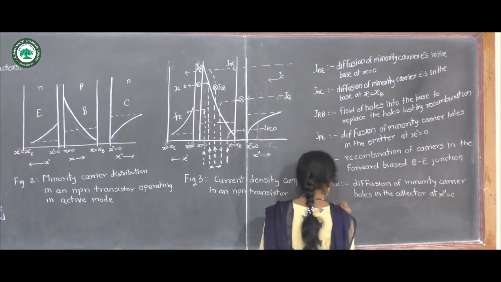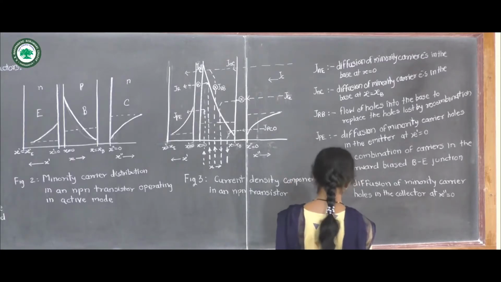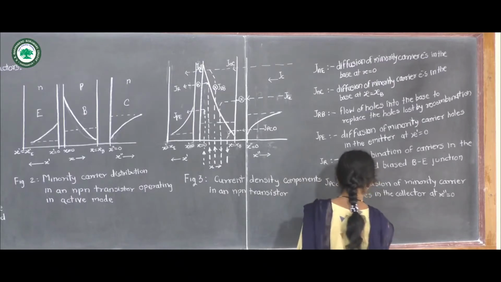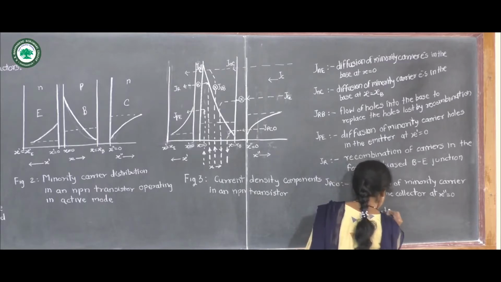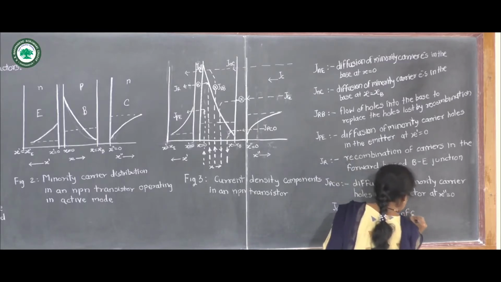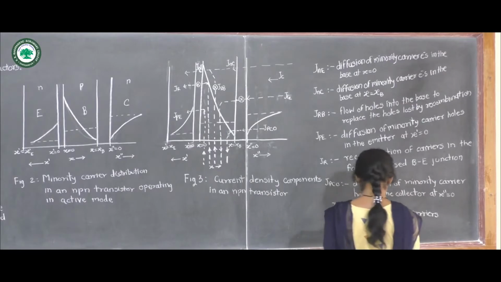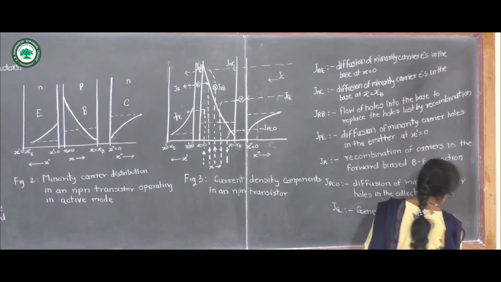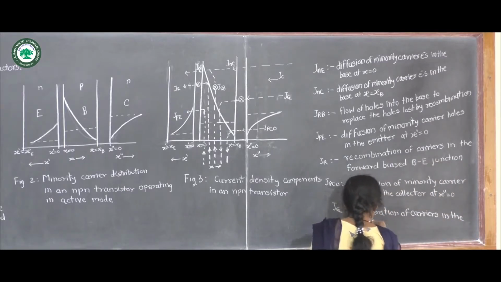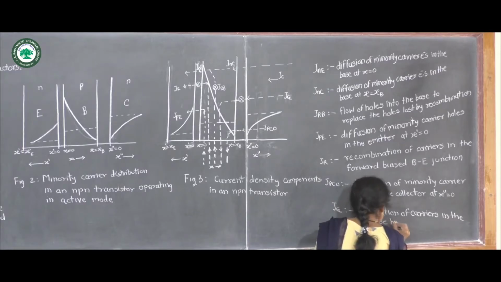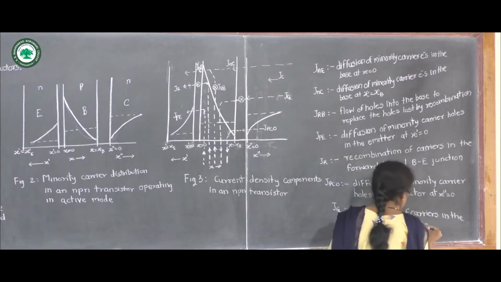Again, JG is the current density due to generation of carriers in the reverse biased base-collector junction.